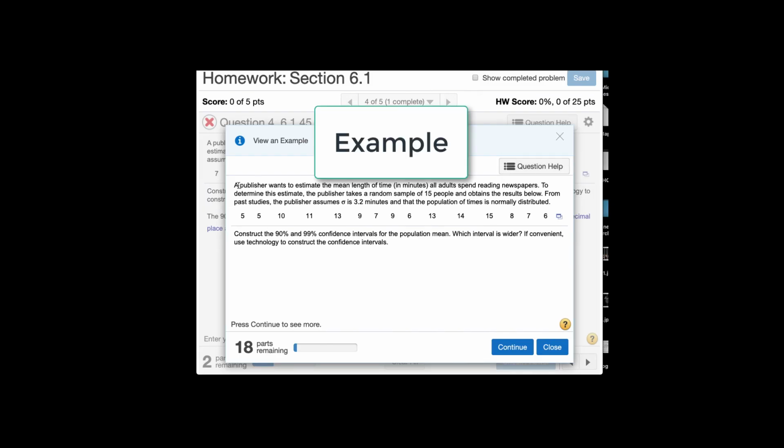A publisher wants to estimate the mean length of time in minutes that adults spend reading the newspaper. They randomly select 15 people and found this result, and the publisher knows that sigma is 3.2, maybe from past experience.